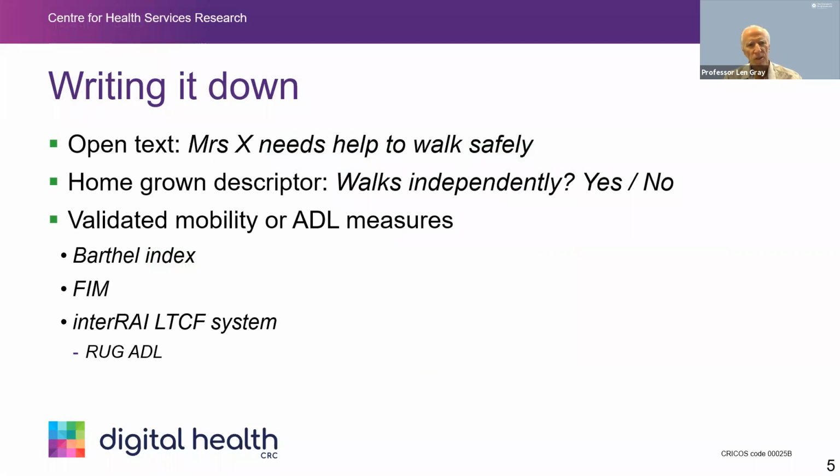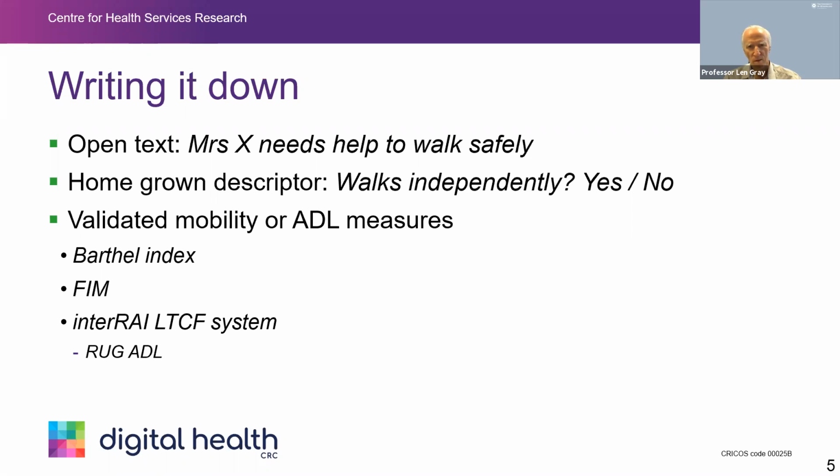So how is this currently done at the moment? Well, often if you look in a record, you'll see some open text that says Mrs. X needs some help to walk safely. So supervised or assisted walking, or they won't be able to walk at all. Open text is kind of fine if you've got access to that record directly. It won't necessarily be consistent amongst residents, the way it's described, but it's okay if you can get at the record.